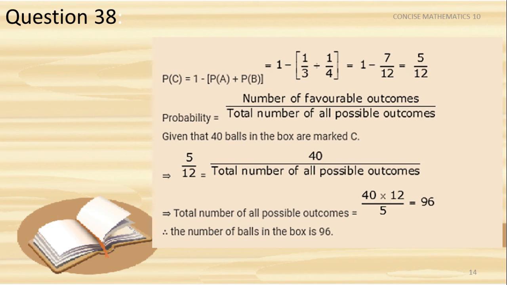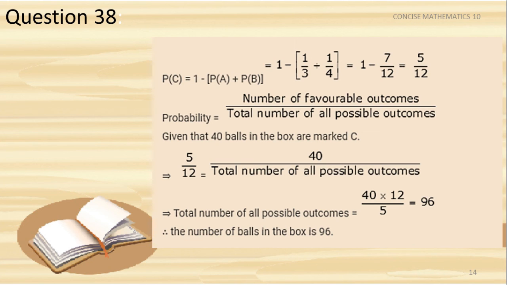So instead of giving the number of balls in the box marked with A, B and C, the information is given in this way. The probability of drawing a ball marked with A is 1 by 3, B is 1 by 4, and the number of balls marked with C is given as 40. Let us move in this way.